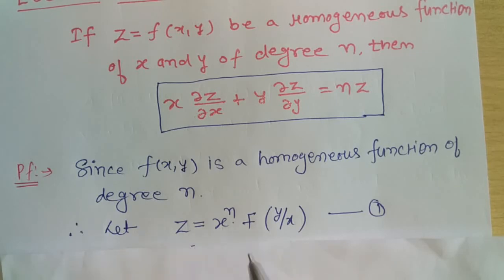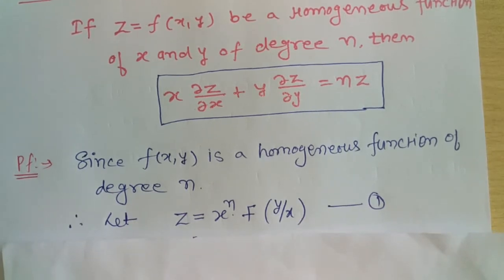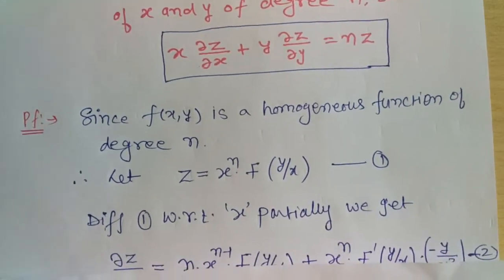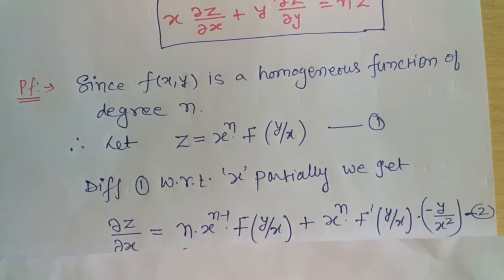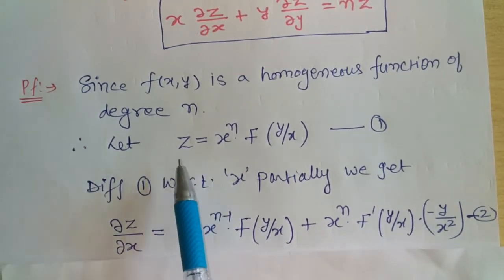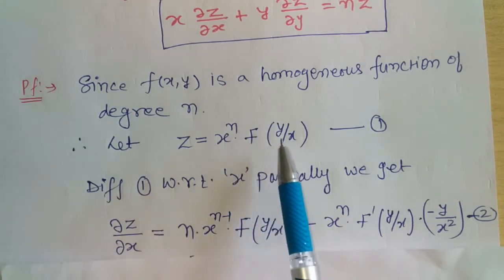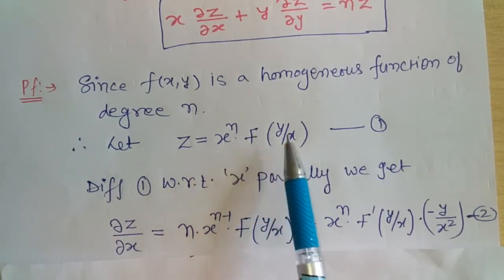Now we differentiate equation first with respect to x partially. We get ∂z/∂x, the partial derivative of z with respect to x, equal to, here we apply the u into v formula for differentiation.